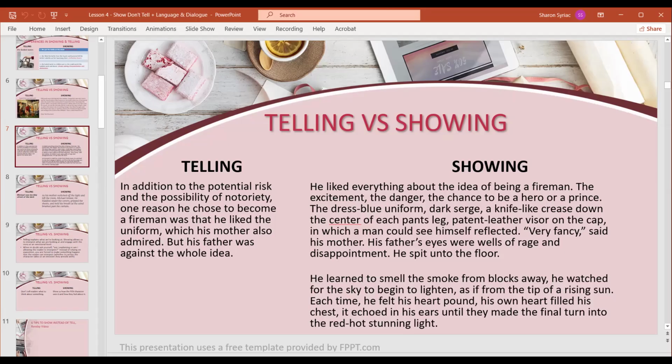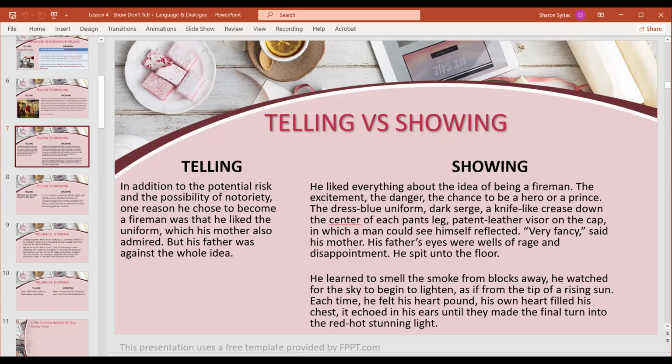Notice descriptions, so you can see things. His father's eyes were wells of rage and disappointment. You use the five senses. He learned to smell the smoke from blocks away.